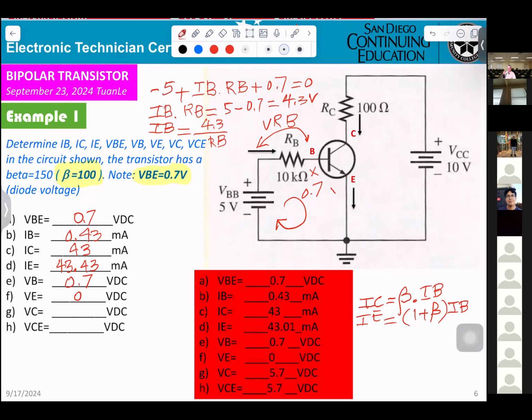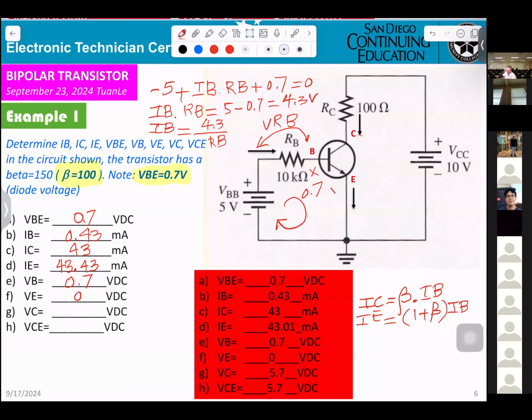Okay, and next one, VC, right here. The formula to calculate the VC is given to you.